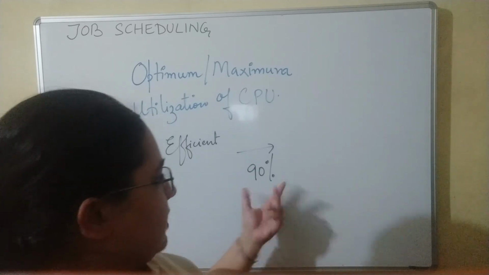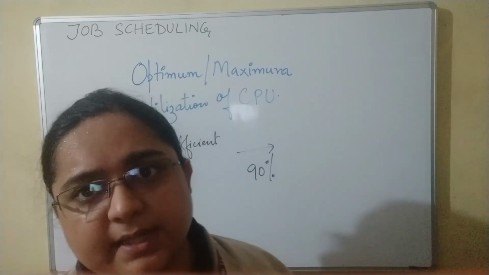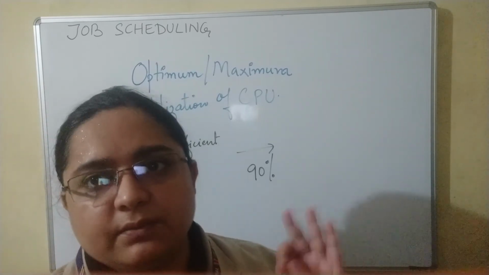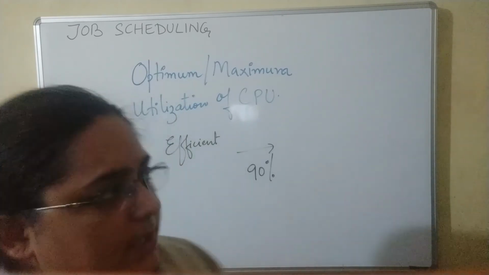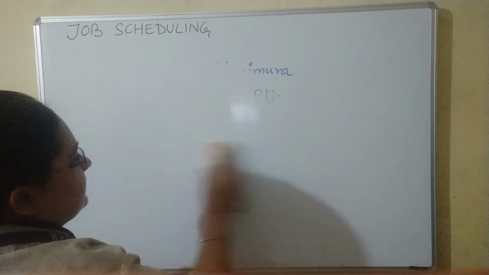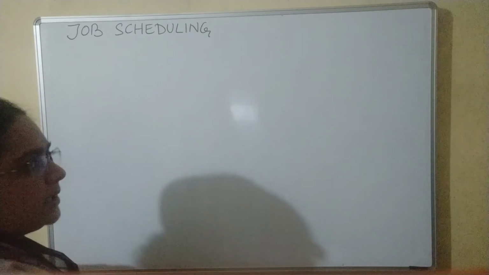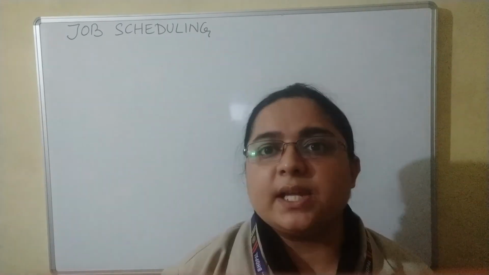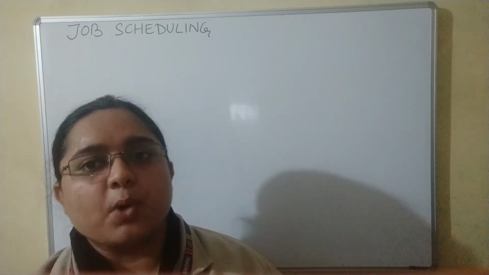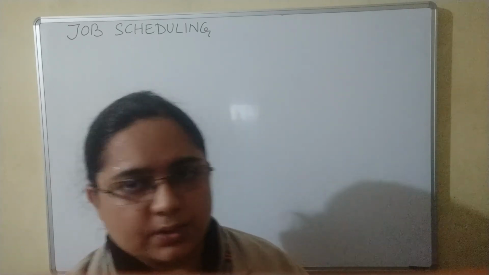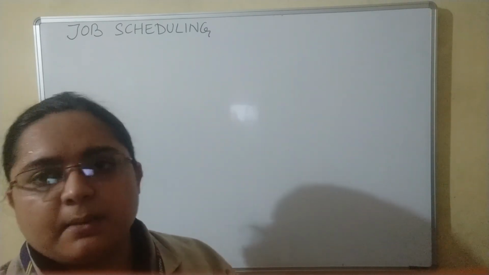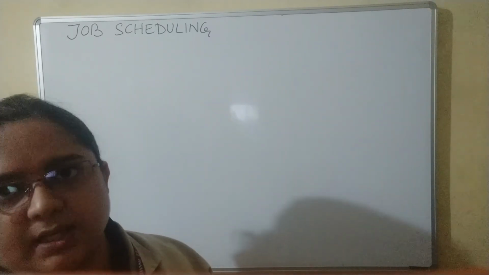There should be around 90% of the CPU utilization, that is 90% of the time the CPU should be busy with some work. So why? Because otherwise, if the CPU is left idle, then you don't realize you are wasting a lot of electricity. You are wasting a lot of CPU time, which is an important system resource. Understood? So that is why CPU utilization should be maximum in every case.